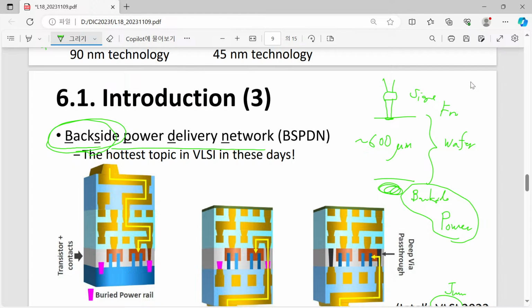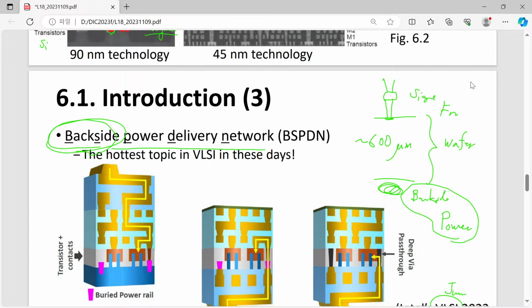If backside and front side share the task, then we can reduce the burden loaded to the front side. Then when the front side has more room, we can relax the scaling pressure. So that is the main motivation of our backside delivery network.